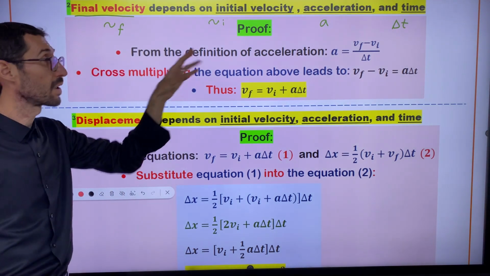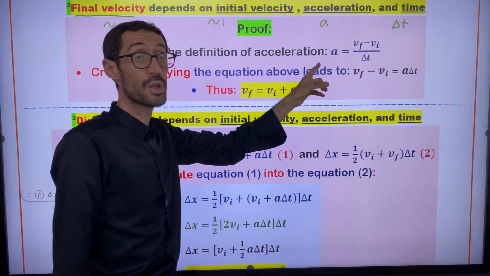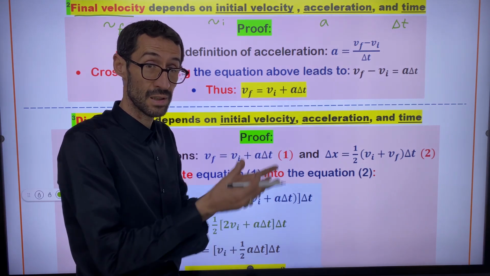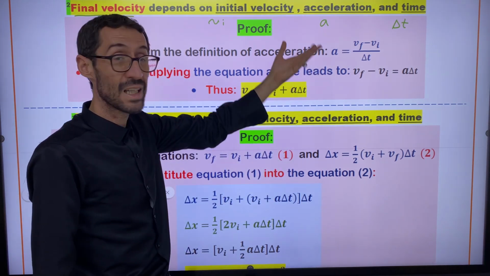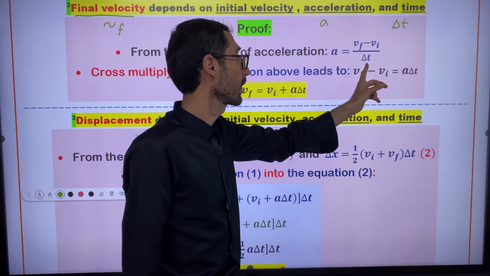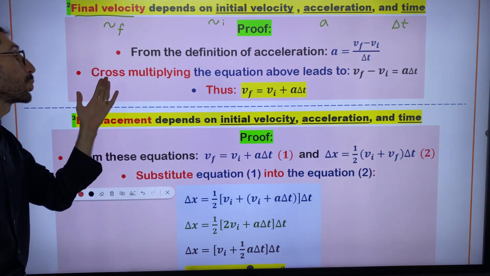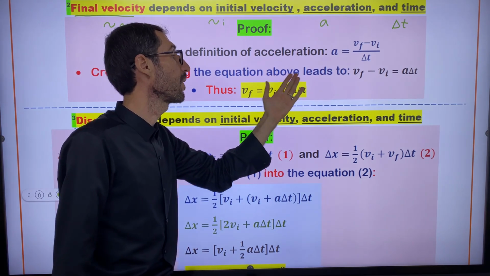So we want to start the proof. This is the first step from the definition of acceleration. Just bring the definition of acceleration that we got before. Acceleration is equal to v final minus v initial divided by delta t. Cross multiply the equation above leads to.